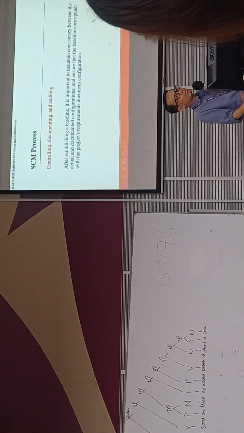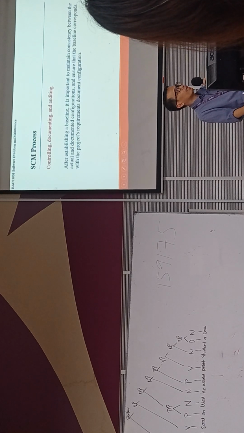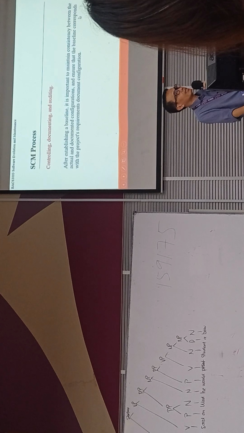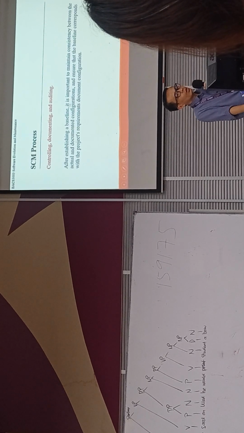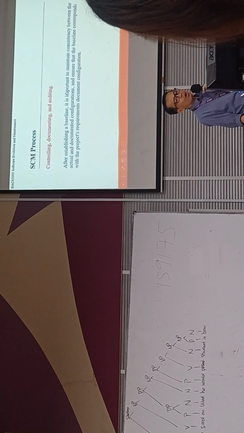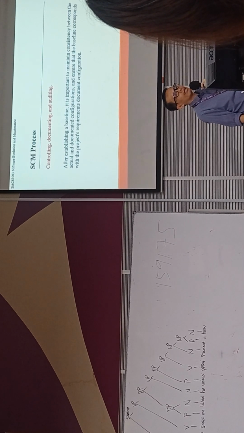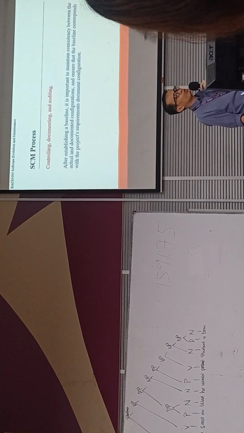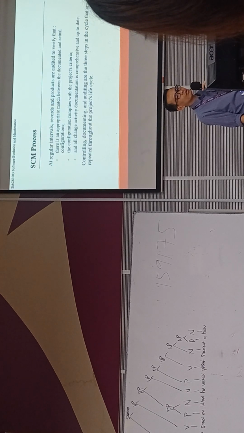Then we come to this: control of the change of the configuration, the third layer, the third phase. After you have achieved the baseline, when you have a change that needs to be performed, then you have to control the changes.